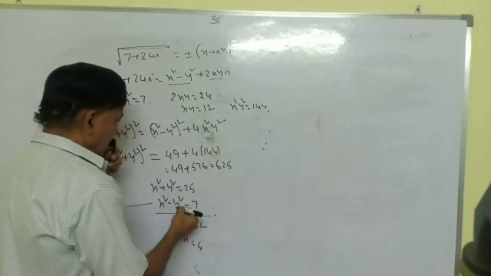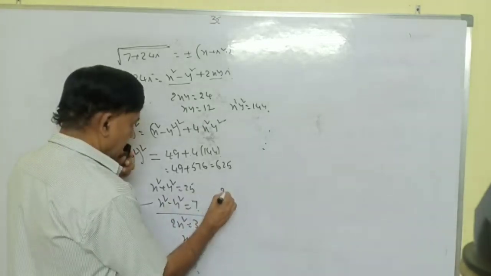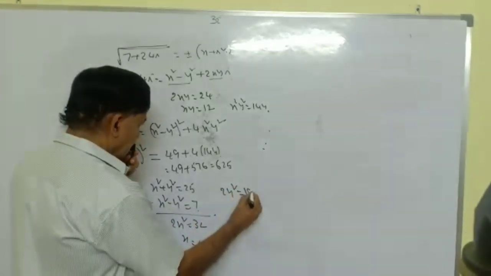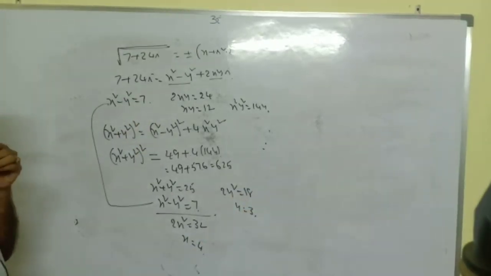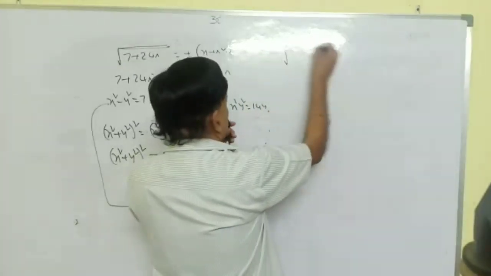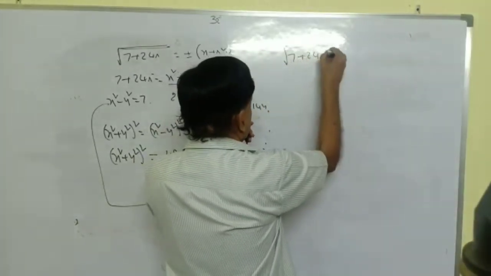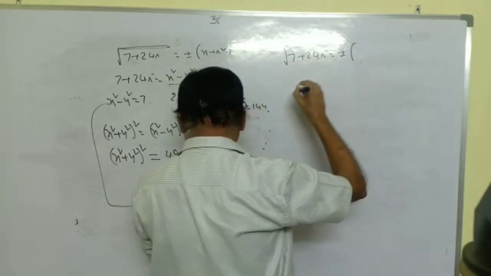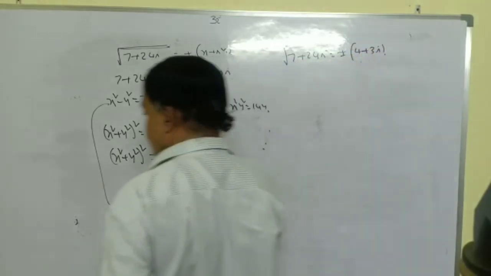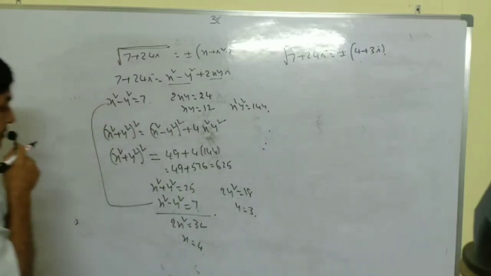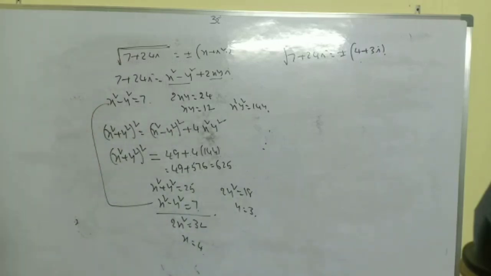Then you subtract: 2y square is equal to 18, y is equal to 3. Therefore, square root of 7 plus 24i is plus or minus 4 plus 3i.